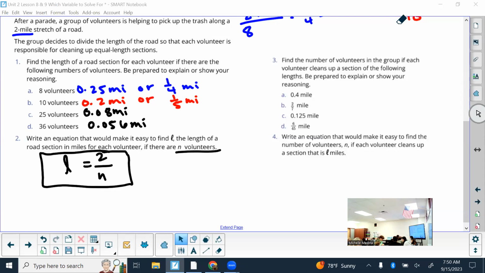Volunteer is cleaning 0.4 miles. How many volunteers must there be? Yes.